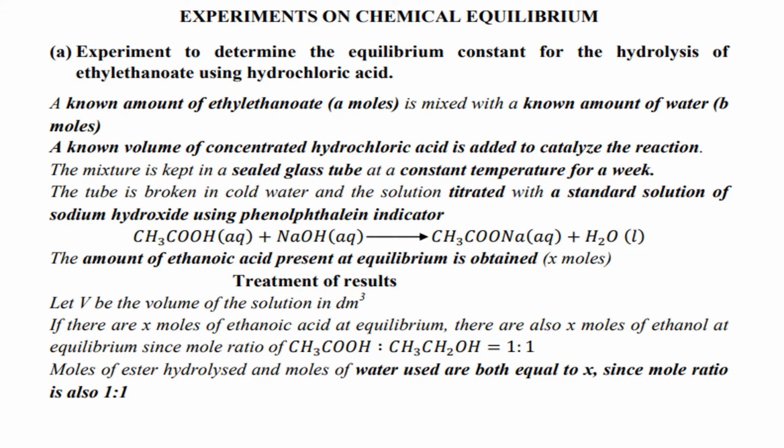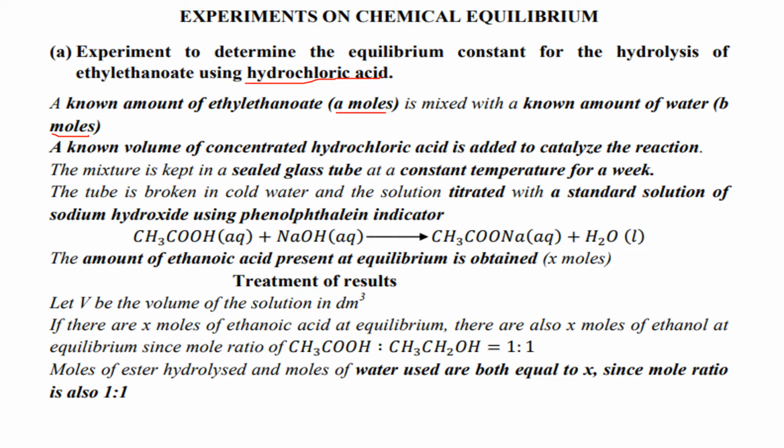So let's start with an experiment for the hydrolysis of an ester, ethyl ethanoate, using hydrochloric acid. Notice that hydrochloric acid is not going to participate in this reaction, but it's going to be used as a catalyst. Now let's start. For part A, we get a known amount of ethyl ethanoate, which must be in moles, and it's mixed with a known amount of water, also in moles, which is B moles.